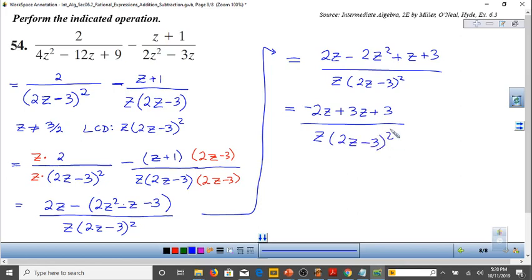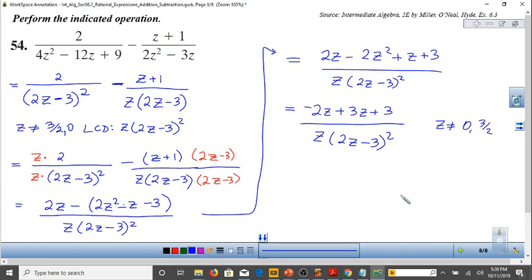And so our expression, the result is as written, with the stipulation that z is not equal to 3/2. Oh, and also z can't be equal to 0. I neglected to put that down. So z cannot be equal to 0, and z cannot be equal to 3/2.